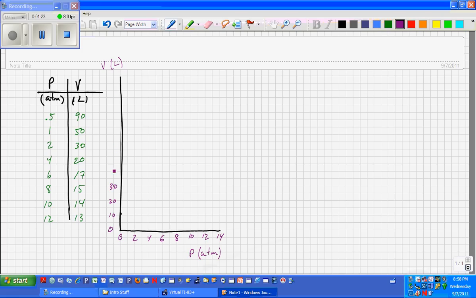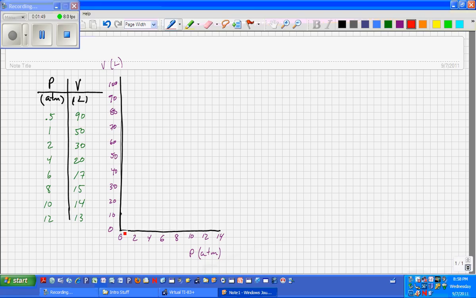Okay, 30, 40, 50, 60, 70, 80, 90, 100. And I skipped every other, so in between is 5s. So basically every square is worth 5, and down here every square is worth 1. So I can go ahead and start plotting.